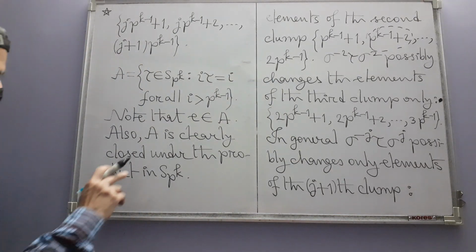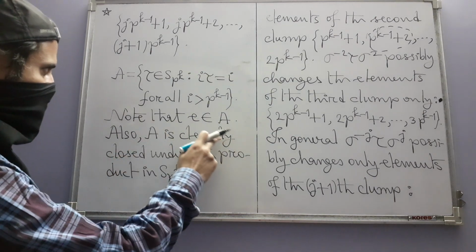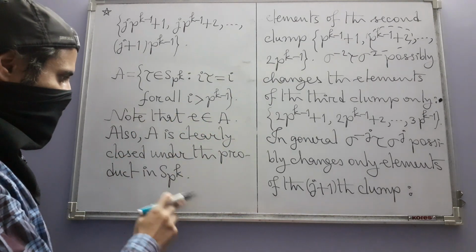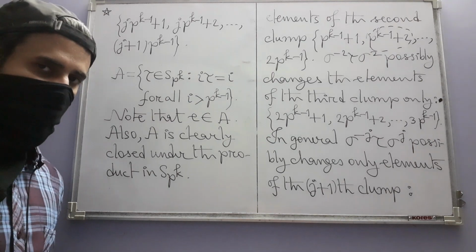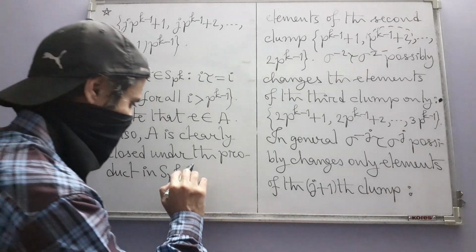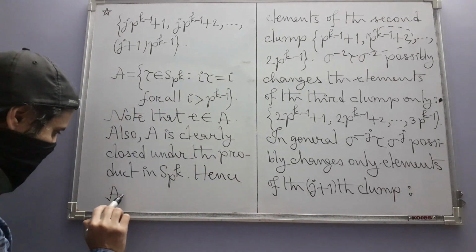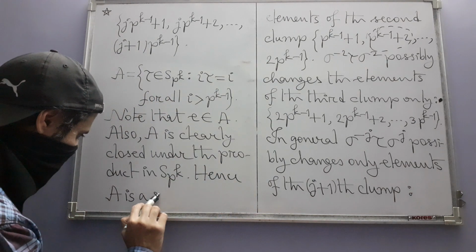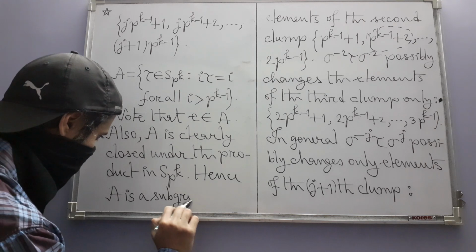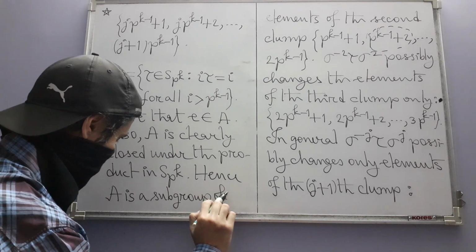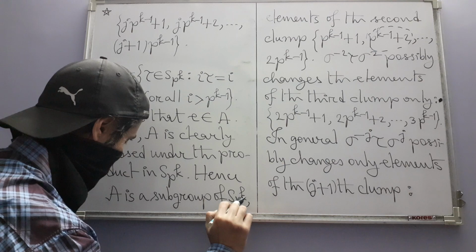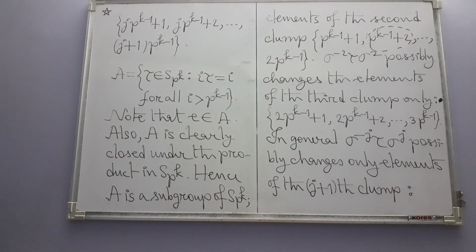In other words, A is a non-empty subset of S_{p^k} that is closed under the binary operation. Hence, A is a subgroup of S_{p^k}.